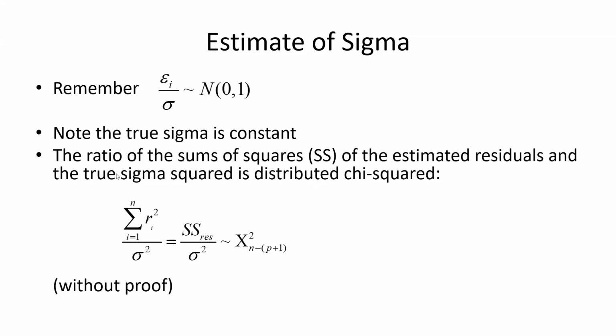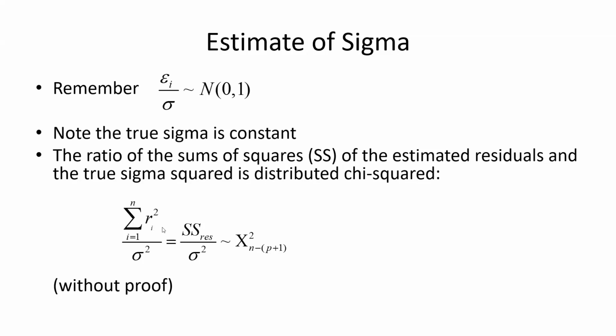The next thought, the ratio of the sum of squares of the estimated residuals and the true sigma squared is distributed as chi-squared. Here's our chi-square distribution. So why? Because, well, once I divide by sigma squared here, I'm dividing by a constant.